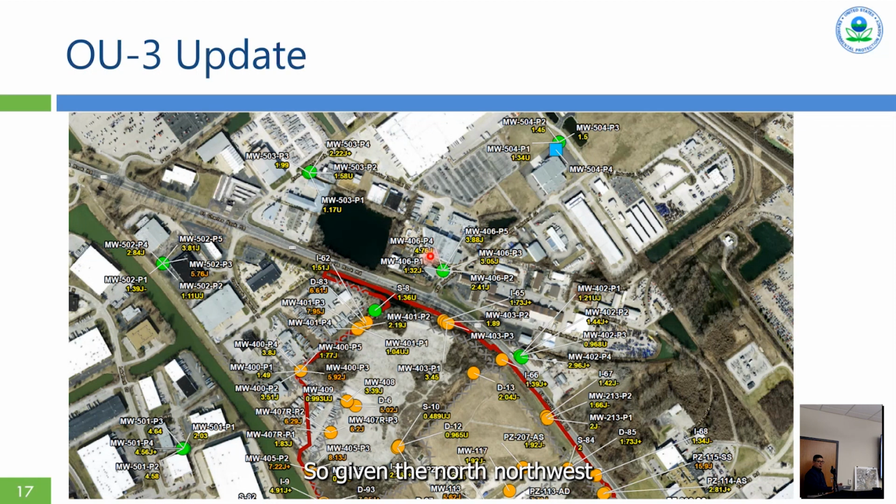So given the northwest direction of groundwater flow, there's a proposed location that will go here, and there's a couple more off the edge of this figure, up here to the north and northwest, that will also be put in to see whether things have moved off in that direction as well.